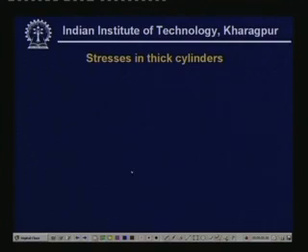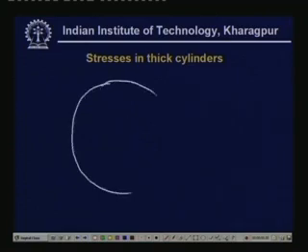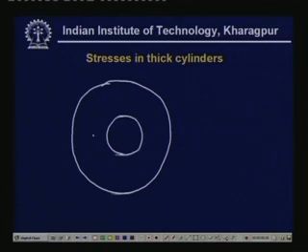Here we have the cylinder, and this is subjected to internal pressure P from all sides.